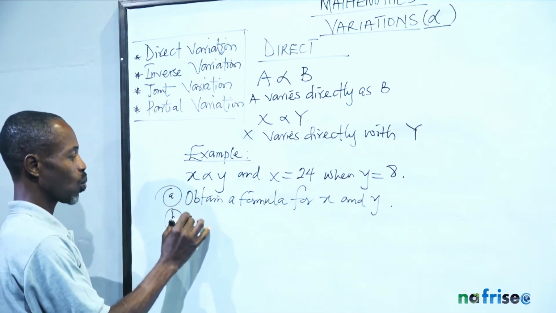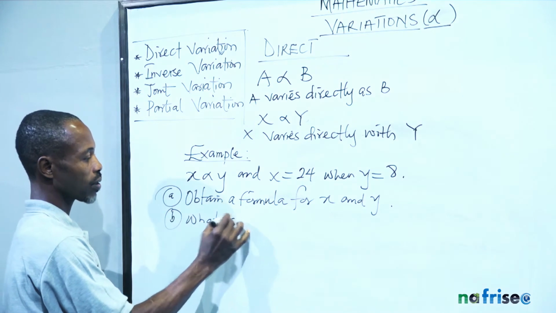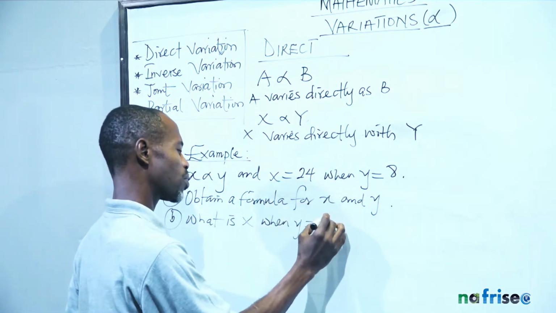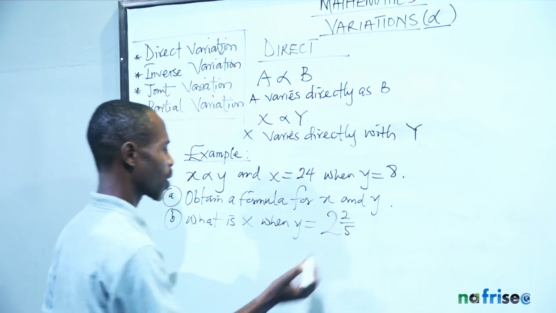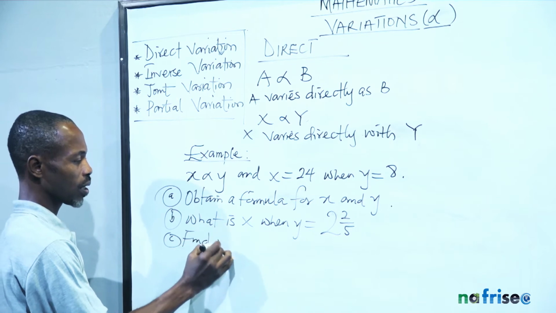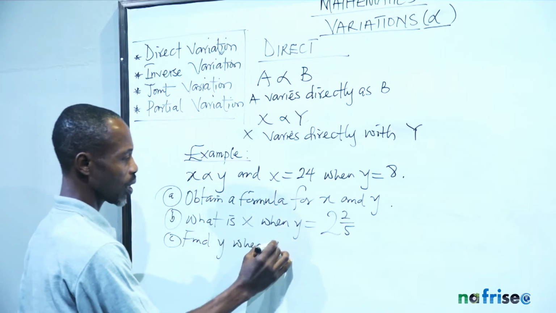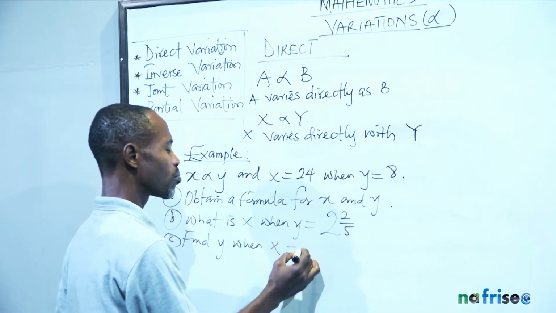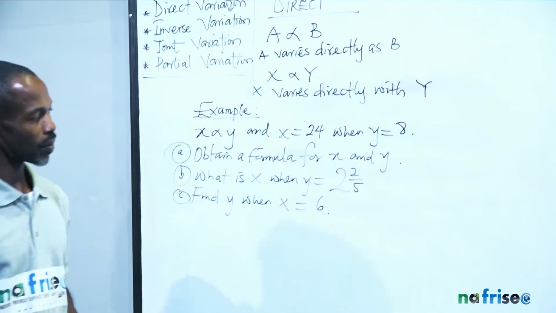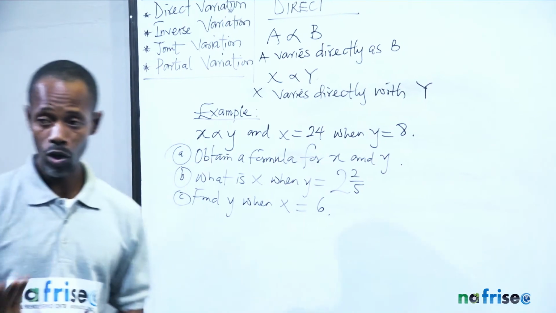B, what is x when y equals, let's say, 2 over 5. And C, find y when x equals, let's say, 6. Hope I'm not going too fast.